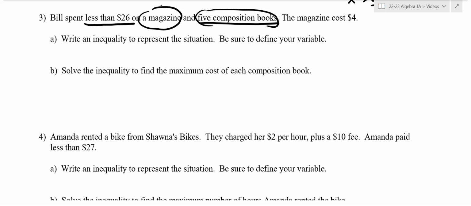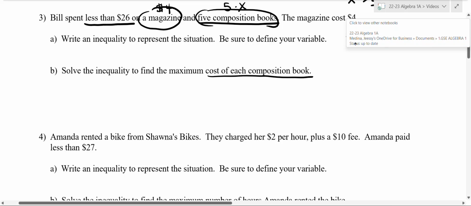So we know this one is $4, right? But we don't know how much each book cost. So yes, the variable is going to be the cost of each book, composition book.